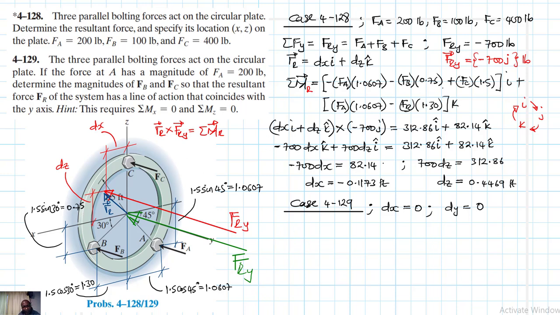So we'll say our resultant moment, summation over the resultant moment, using the same equation, this equation here. This is the same equation we're using here, right? Let me just draw it.